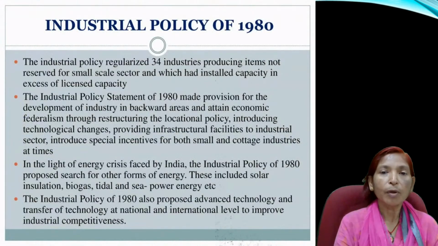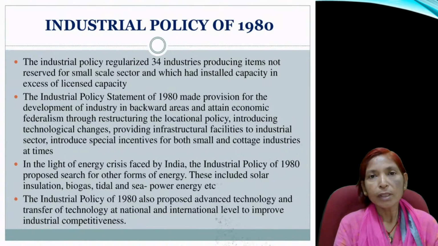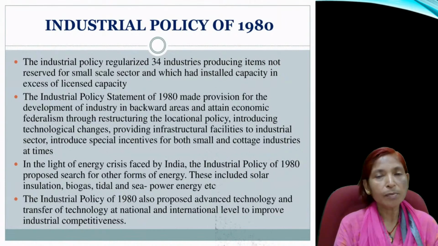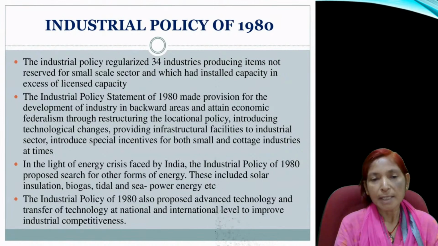Now, next is the industrial policy of the 1980s. The industrial policy regularized 34 industries producing items not reserved for small-scale industries and which had installed capacity in excess of licensed capacity.